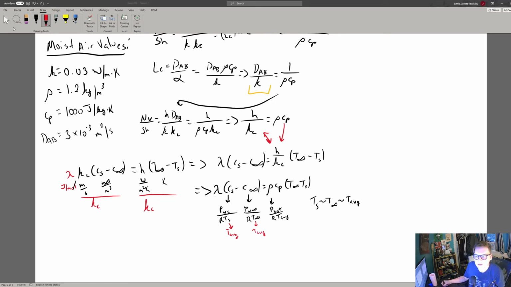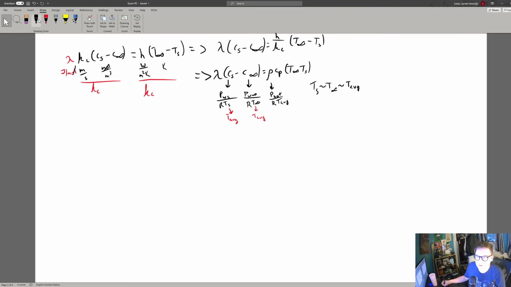And then I'll rewrite it so it's a little easier to see.